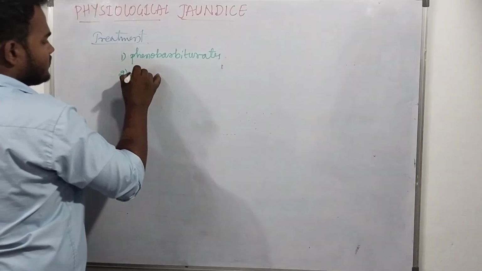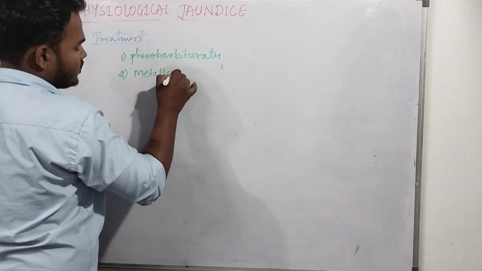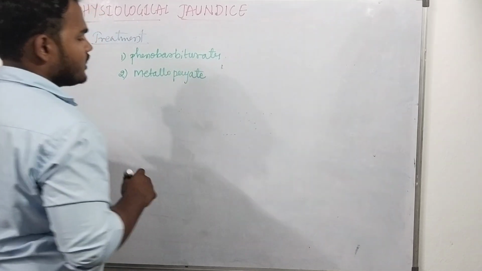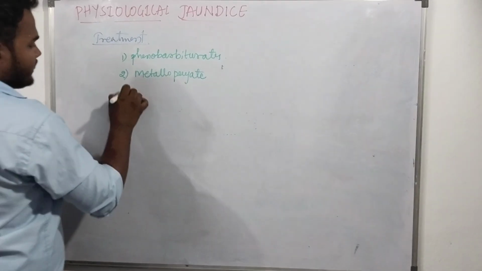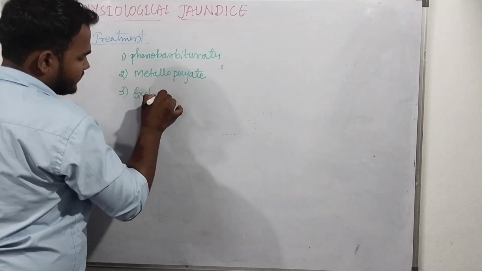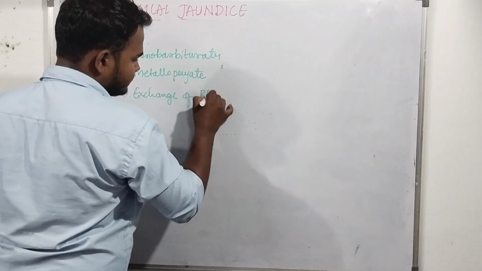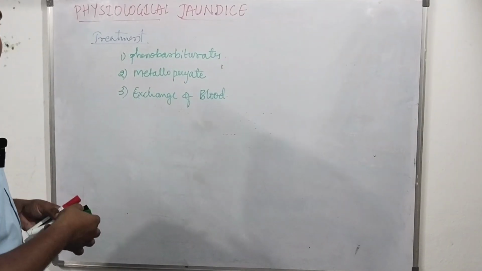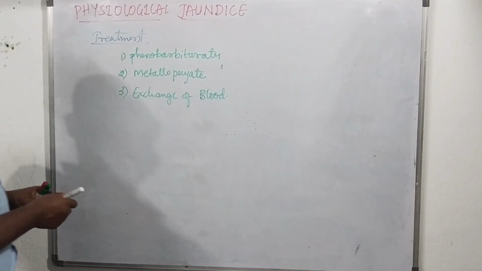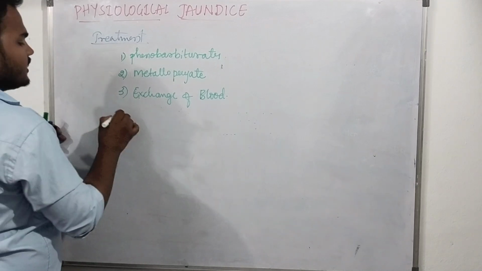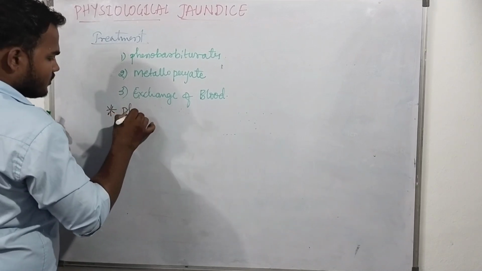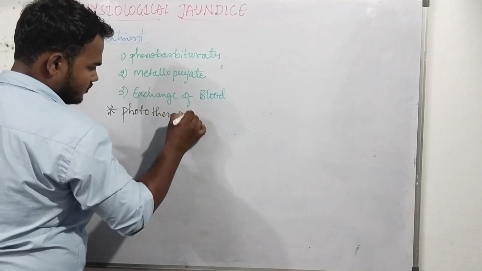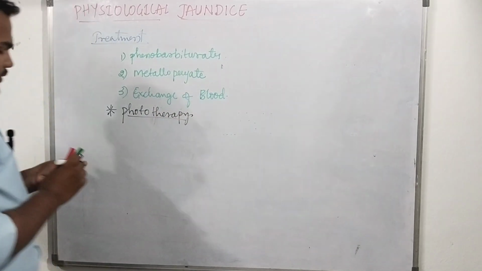Next, second is metalloporphyrin. Next, third is exchange of blood. Okay, not a blood transfusion, it is an exchange of blood. These are the pharmacological treatments. Next, another important one is phototherapy. Okay, this phototherapy is important.